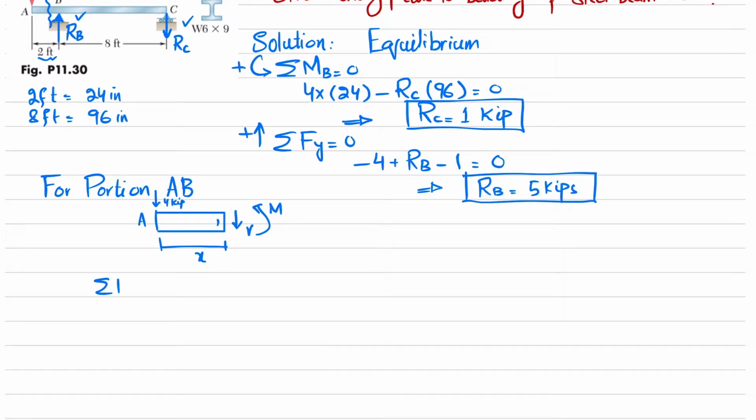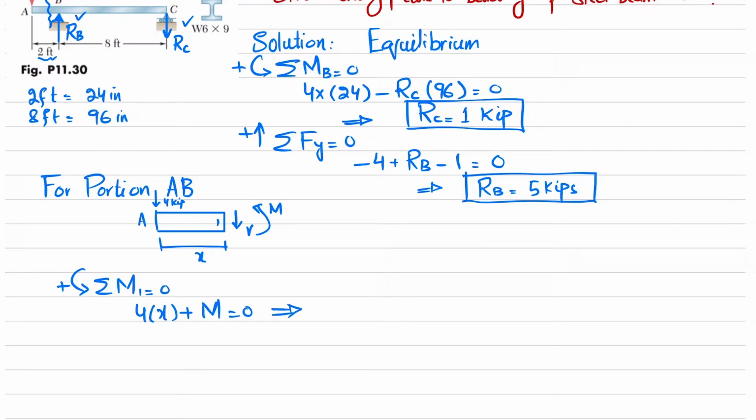Applying the equilibrium condition, the sum of all moments about point 1 is equal to 0, taking counterclockwise moment as positive. About point 1, this force is producing a moment with this perpendicular distance, and it is counterclockwise, and one moment is this, again counterclockwise. Their sum must be equal to 0. So I will write 4 into X plus M is equal to 0.